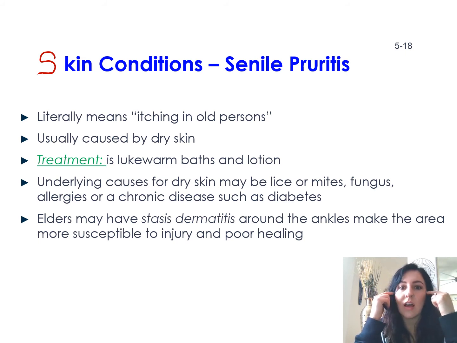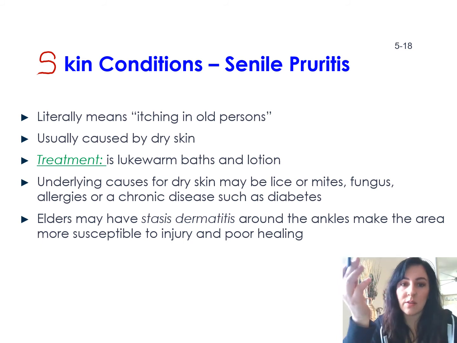I know my grandmother will itch in her eye area a lot, and it'll get really flaky. This is usually caused by dry skin, and a good treatment would be lukewarm baths and lotion.